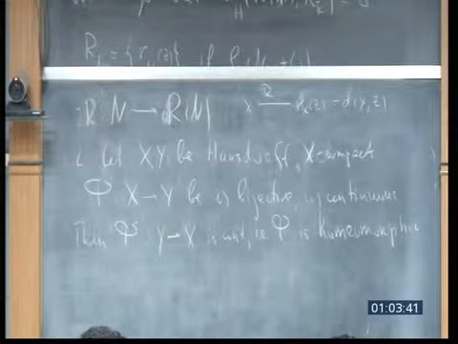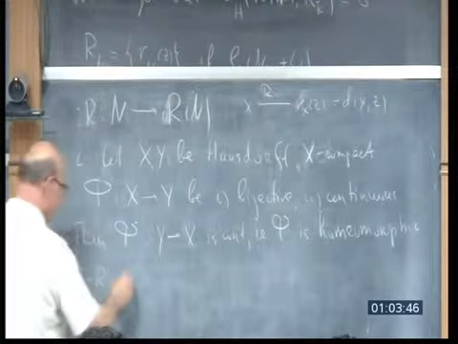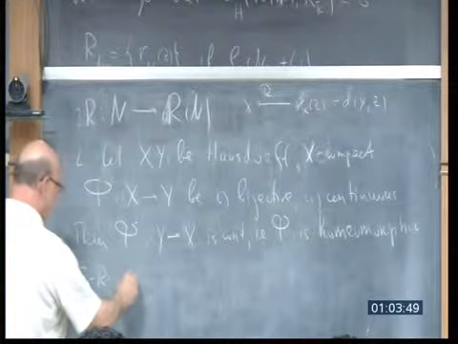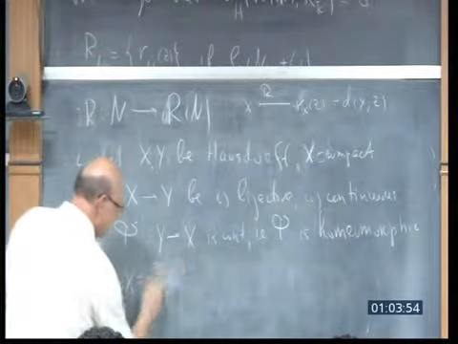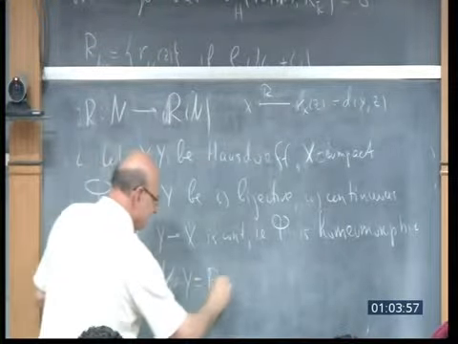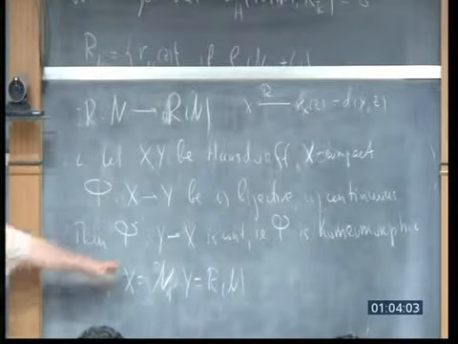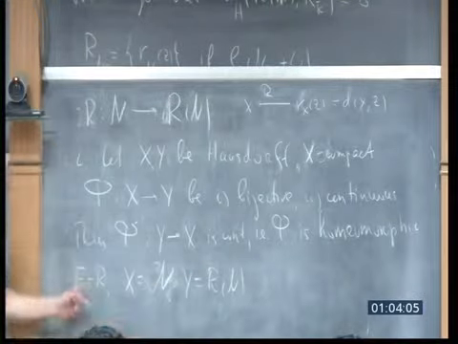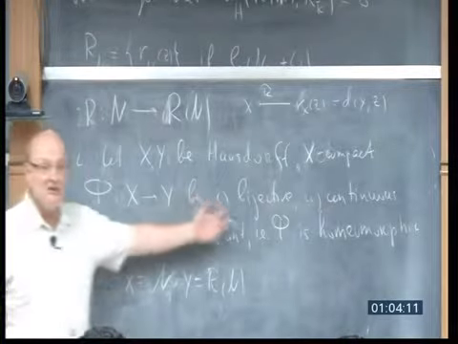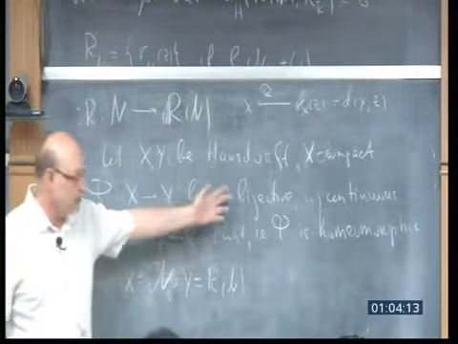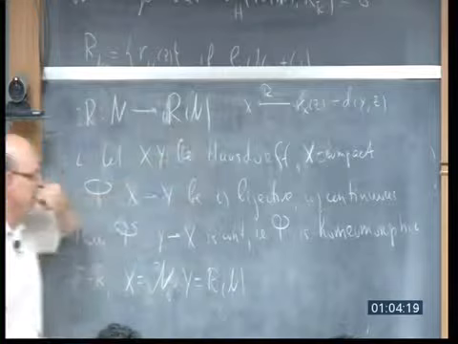So in our case, f is R, X is n, and Y is R of n. We need to check that for X equal to n, Y equal to R of n, and f equal to R, these properties are satisfied. Bijective means injective and surjective. It's obviously surjective because that's the definition of R of n; that's exactly the image of n.